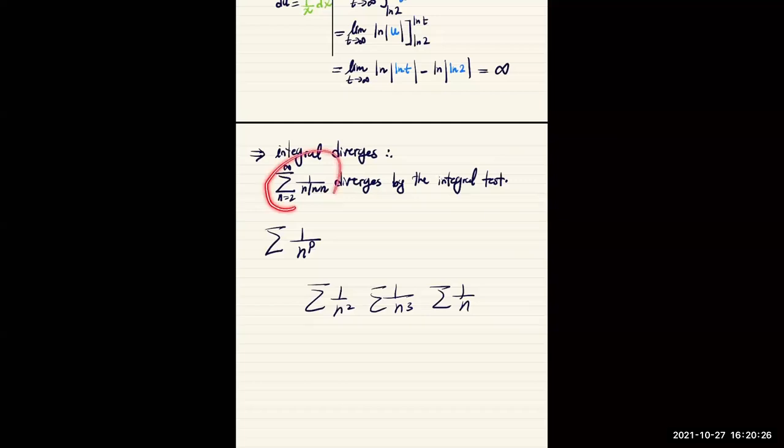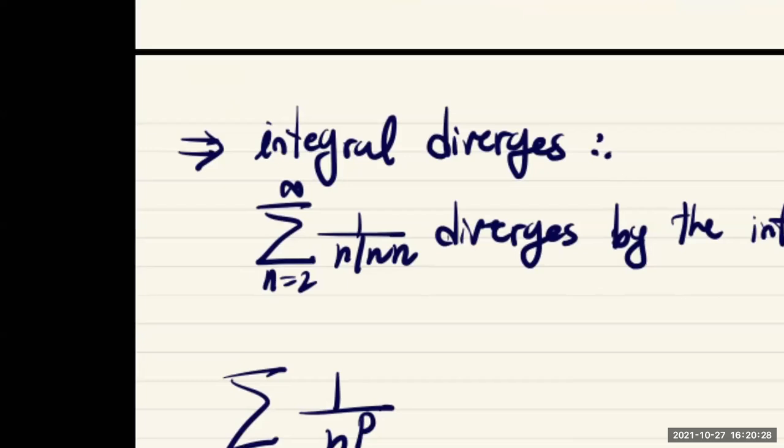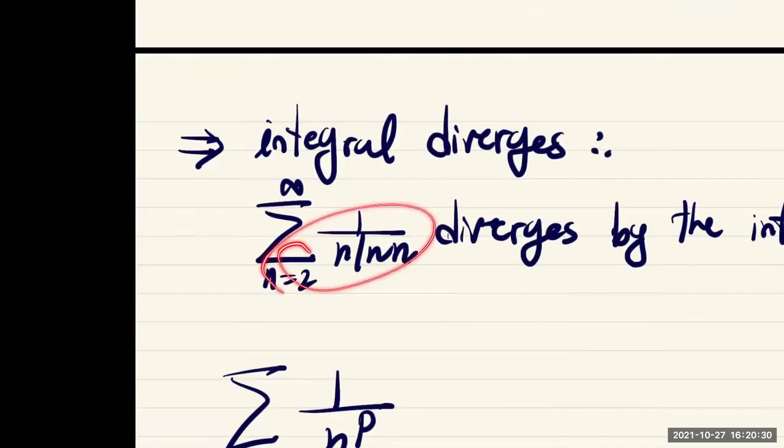Now, think about this series, guys, for a second. If I didn't have this ln n, then obviously this would diverge because it's harmonic. Putting this ln n could trick a lot of people.